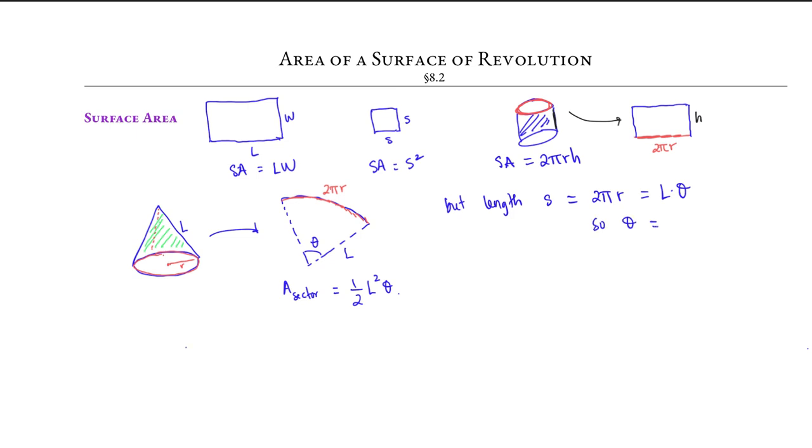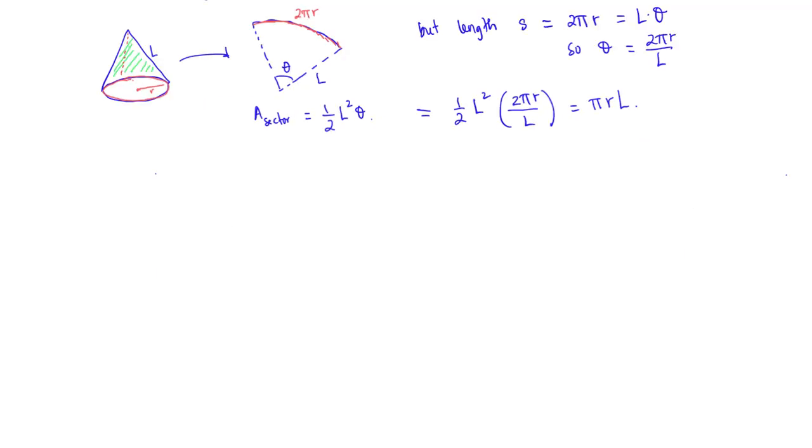And so theta is 2 pi r over L. So we can rewrite the area of the sector as 1/2 L squared. We replace theta with 2 pi r over L, and we simplify this expression to end up with pi rL. r is the radius of the base of the cone, and L is the slant side of the cone.